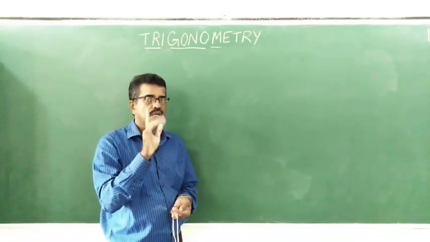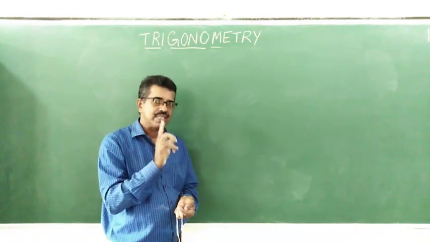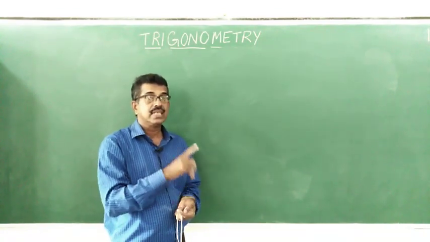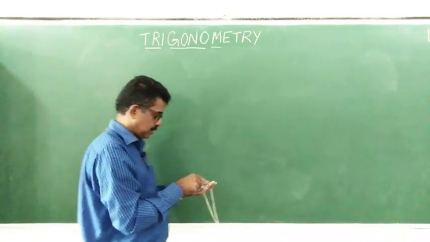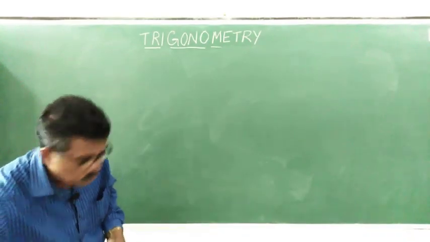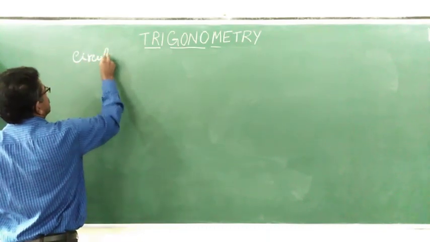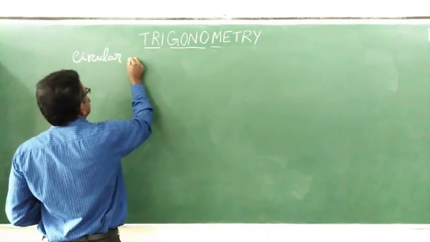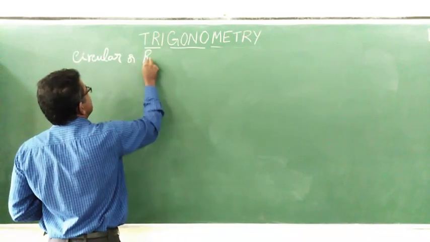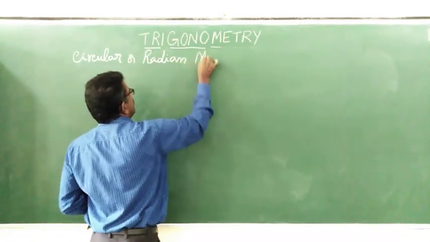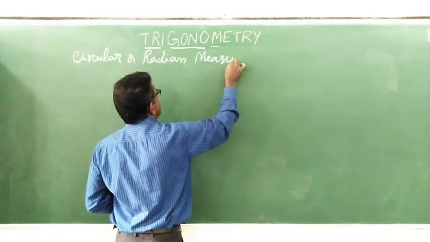We have to worry about a very important system which is adopted in higher studies, that is circular measure. The next system, circular measure of an angle, is also known as radian. Either circular measure or radian measure.